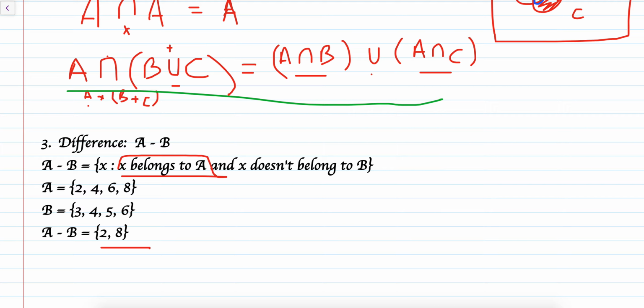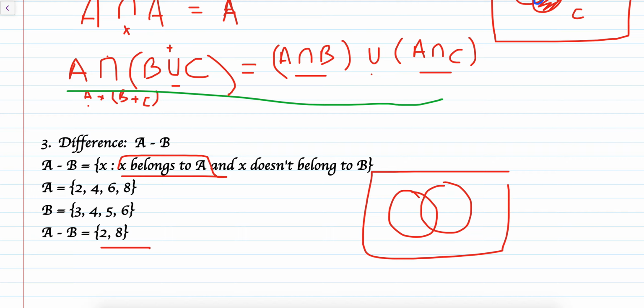And diagrammatically, we can draw A, B. So this part would denote A minus B. So this complete thing was A, and this part was common to B. This part was present in B also.